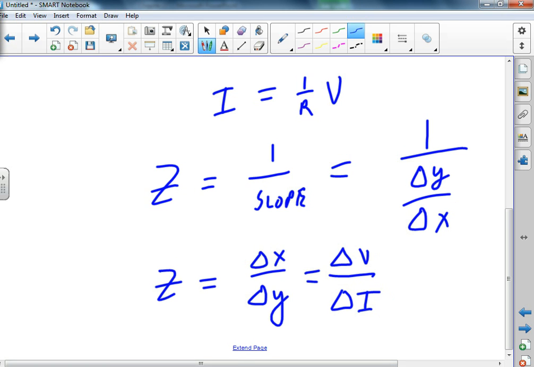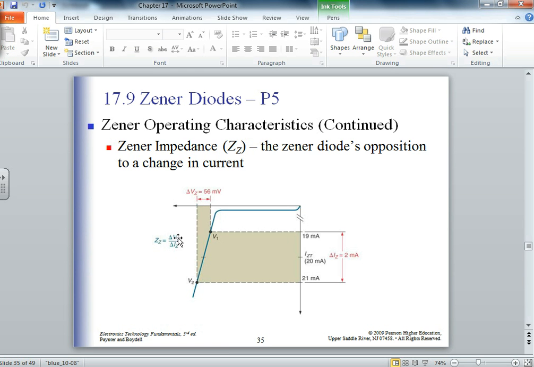So if I came back to my graph and went change in voltage over change in current, I can get the impedance of the operating region of the diode in that portion that is a straight line. Now, if I try to do it on a portion that's not a straight line, then I'm no longer in an algebra-based book. I'm now in a calculus-based book, and I'm doing a derivative of the function. But I'm not doing that because I'm algebra-based, so I'm keeping it simple.